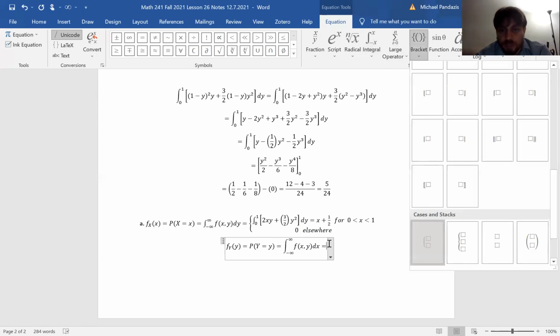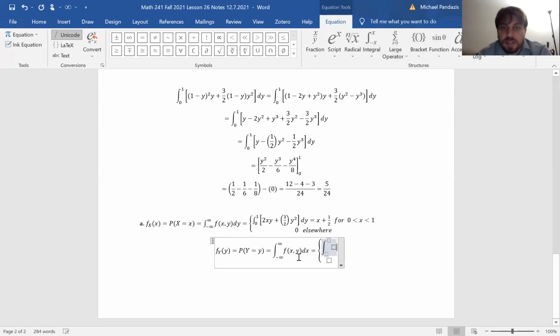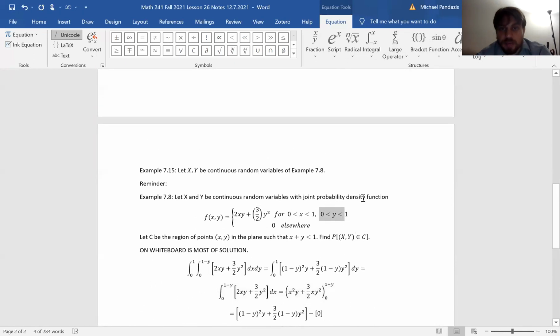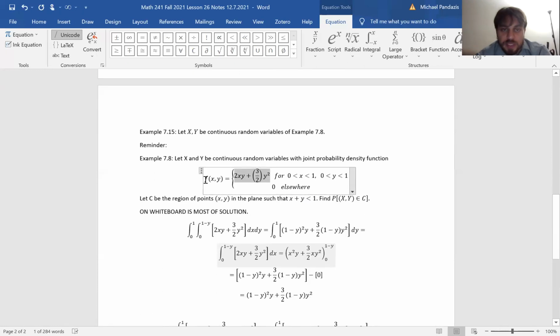Okay, so now there's two possibilities. Again, either the PDF is 0 or it's not 0, right? So if the PDF is non-zero, then we're talking about y between 0 and 1. If y is between 0 and 1, then this PDF is non-zero, so you're integrating over something non-zero.